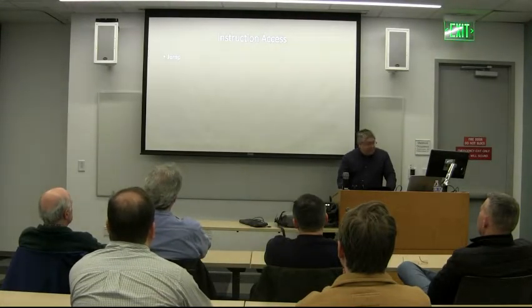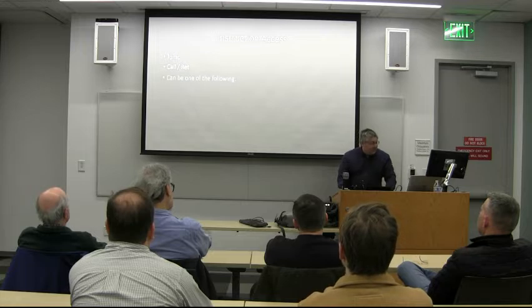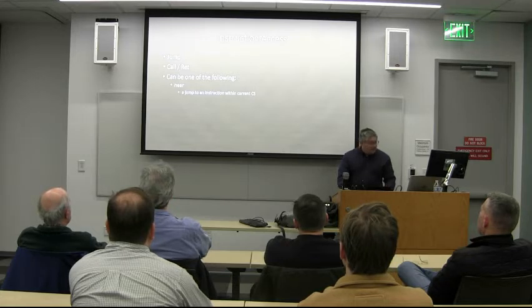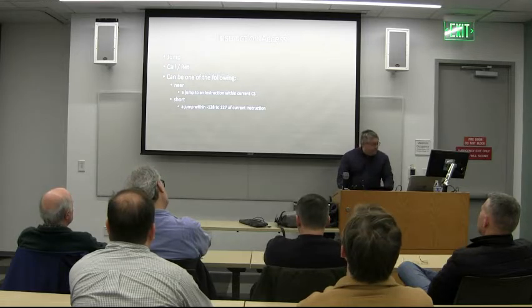So let's just do a little bit about instructions. We have 2 ways of reaching an instruction. One is through jump, and the second is through call and return. And they can be any one of the following types. One is a near, which is a jump to an instruction inside the current code segment.